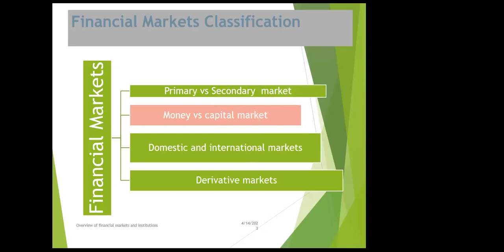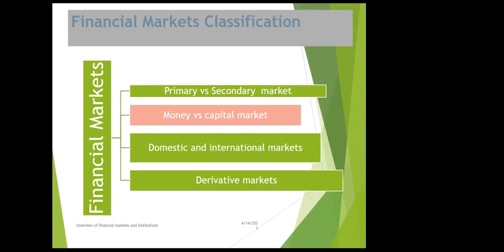when you look at the financial markets, you can further look at it from different angles. There's what you call primary and secondary. I won't go into detail on that. Then there's also what is called domestic and international. This will come in handy because as we look at the money and capital market aspect, there comes a time when you go beyond the local market and access other vehicles in the international markets.